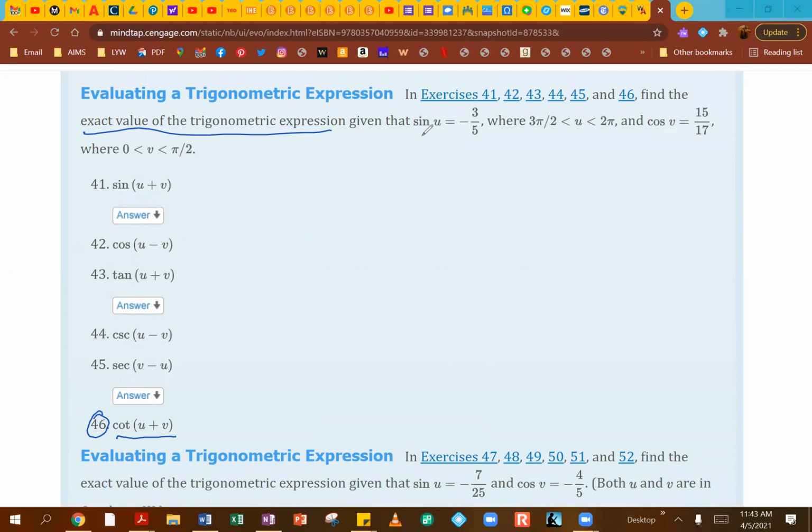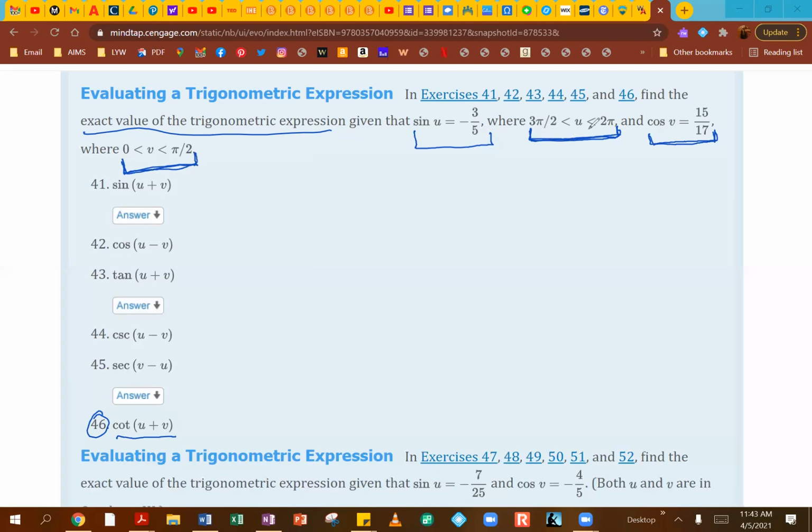The information that is given to us is that the sine of u is equal to -3/5, and they're telling us specifically which quadrant our u angle is going to fall into. And then they're also telling us cosine of v, which is positive 15 over 17. And then they're telling us which quadrant the v angle falls into.